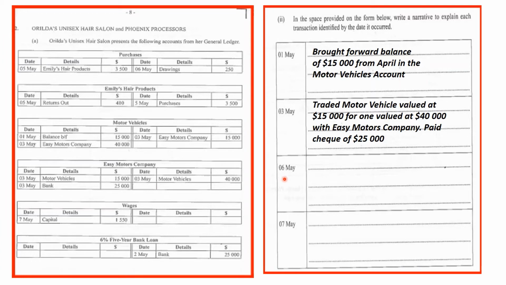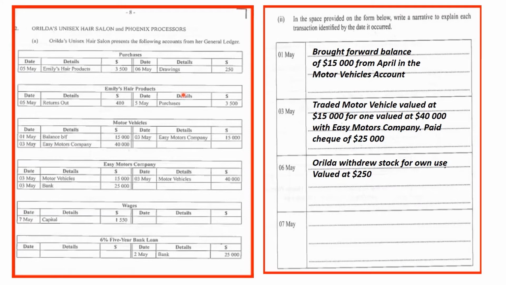The next is May 6th, and we find May 6th here. You see drawings $250. So Orilla withdrew stock for own use valued at $250. How do we know it's stock? Because it's credited in the purchases account, not in the cash account.